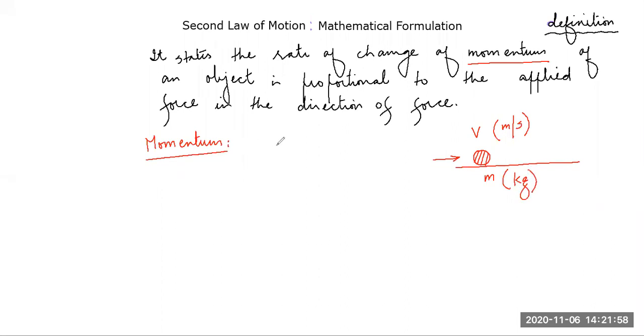Now, momentum is represented by P. It is basically the product of mass and velocity. So I can say P is equal to mv. So what will be the units of momentum?